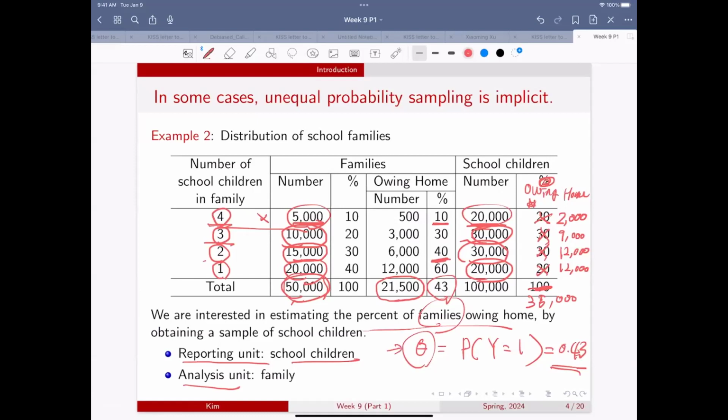So this is the family level: the percentage is 43%. But at the children level, we have 35%. So we get a discrepancy.